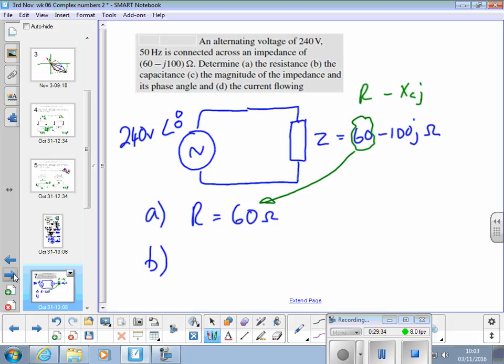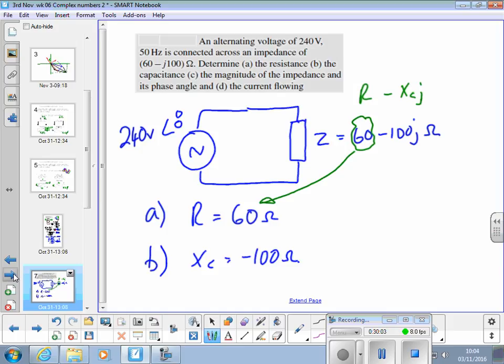So, from that, how do we find C? What can we get from that? What information will help us find the XC? XC is equal to minus 100 ohms.